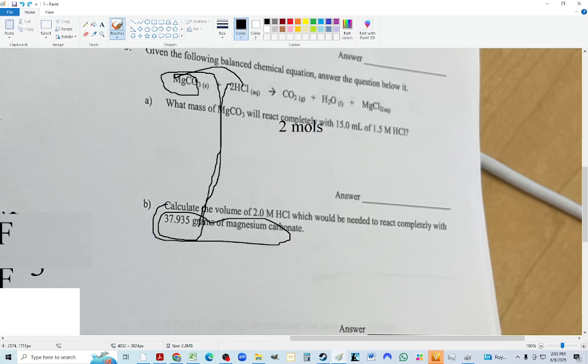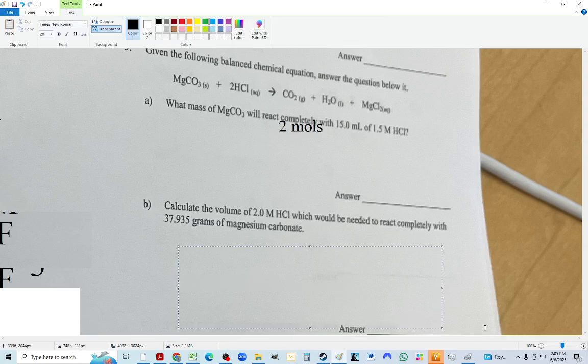And then calculate the volume of that, okay? Once you figure out how many moles is reacted with that, you now have to figure out how many moles, and they want to know volume. So you know that this is 2 M, which is 2 moles per liter.